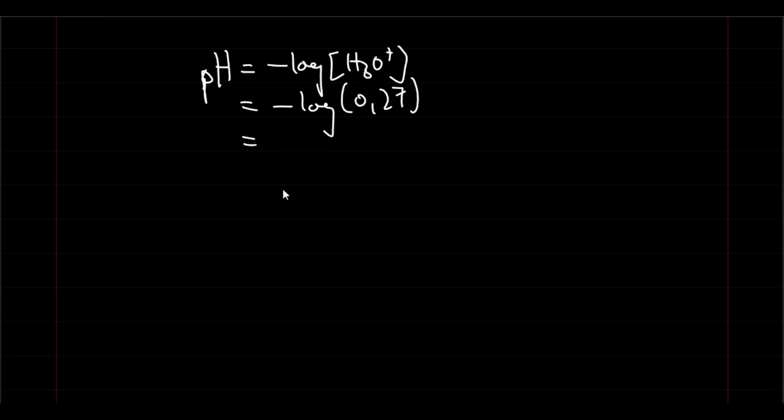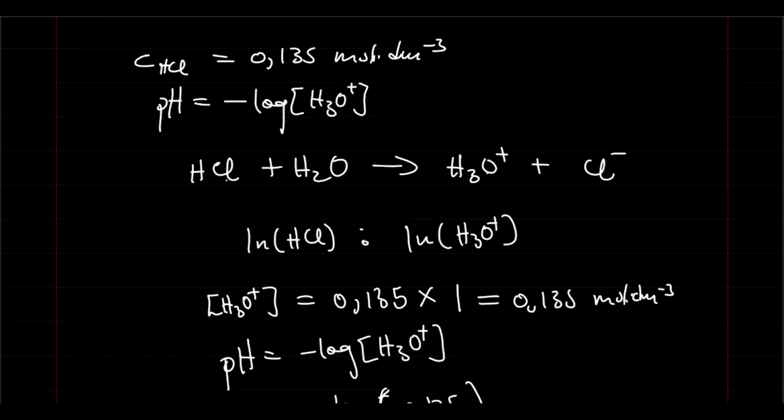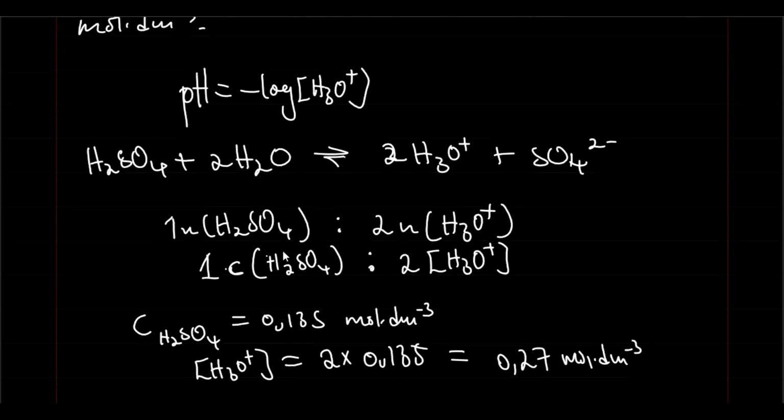You get 0,56, which is acidic, so it's less than 7. So this is how you deal with a diprotic acid. You have to take into account the stoichiometry.